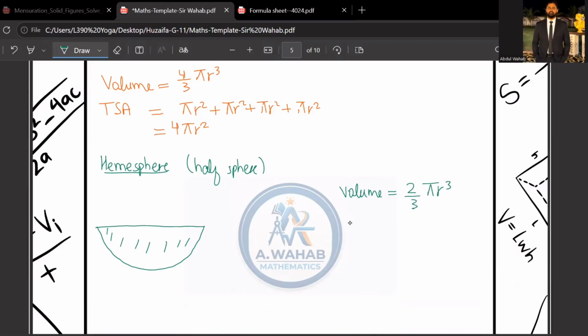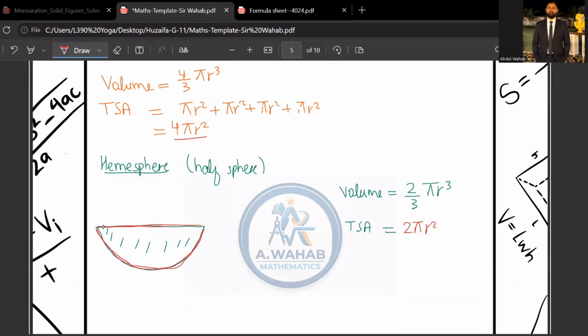Or if I say total surface area, now focus here about the total surface area. Normally students get confused in the total surface area. What I told you, the hemisphere is the half of the sphere. So if the total surface area of the sphere is 4 pi r square, you might say it's 2 pi r square, but it's wrong. Why? Because half of the sphere is this portion, this is the half. But once we cut the sphere into two parts, we got this portion also.